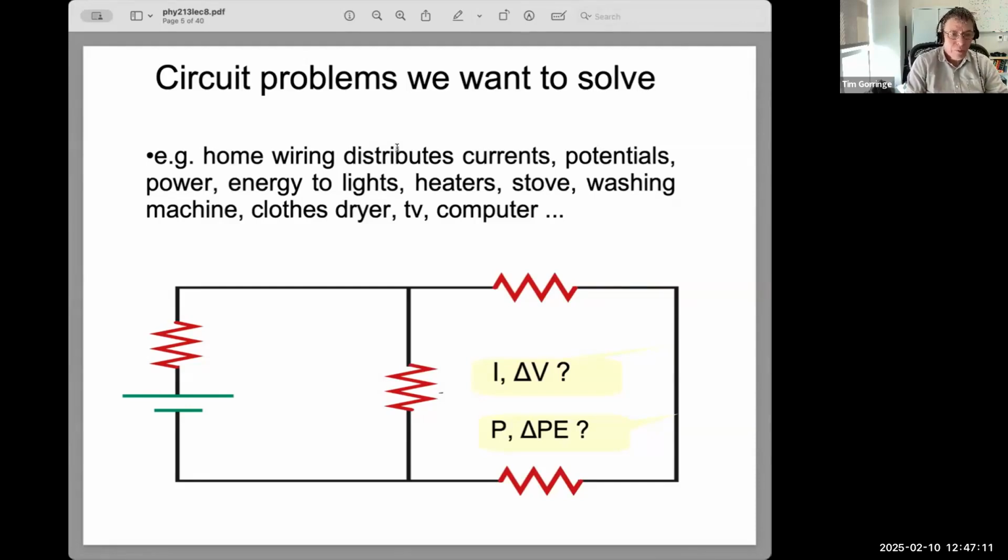We're going to solve the problem of exactly how much current, potential, power and energy gets distributed to the components in an electrical circuit. We're going to analyze the details of the currents, voltages, and power in electrical circuits.